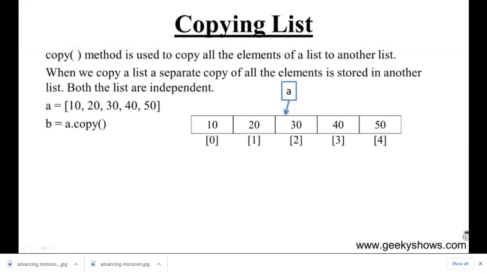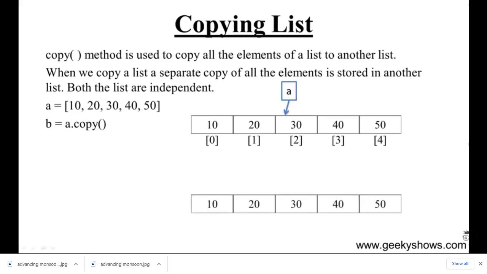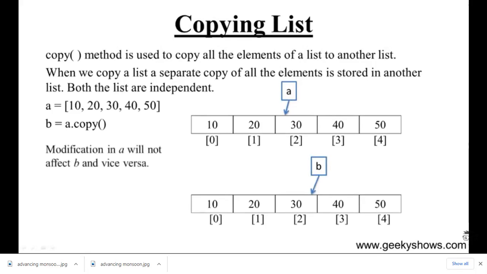When I say B equals A dot copy, B will also have all the elements of list A, but in an absolutely separate ID, in an absolutely separate memory location. Both the lists will be independent of each other. Modification in A will not affect B and vice versa. Any modification done in B will not make any changes in A. This is called copying a list.